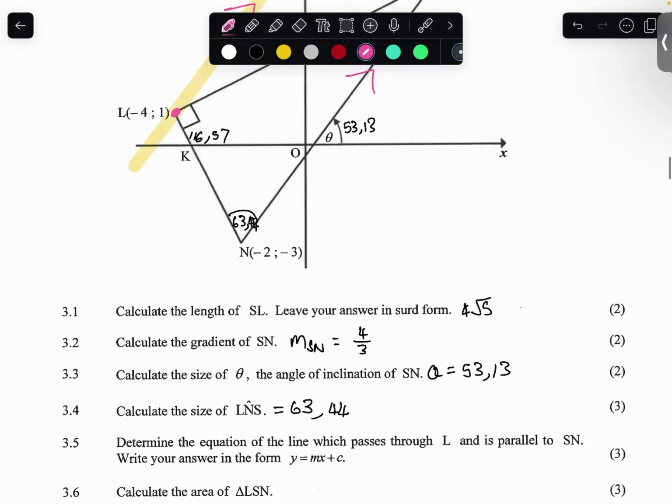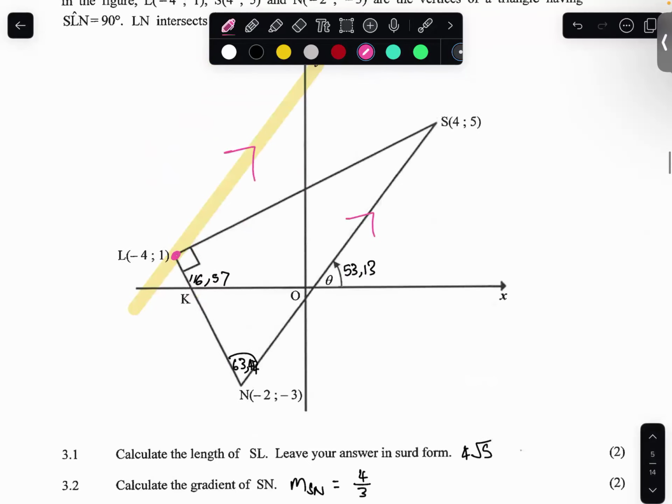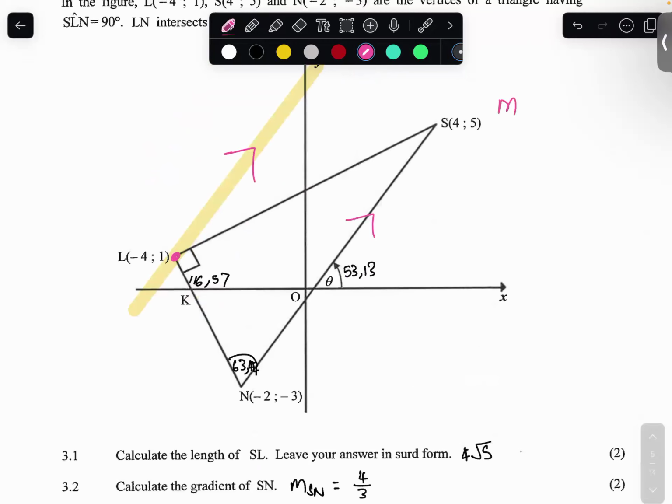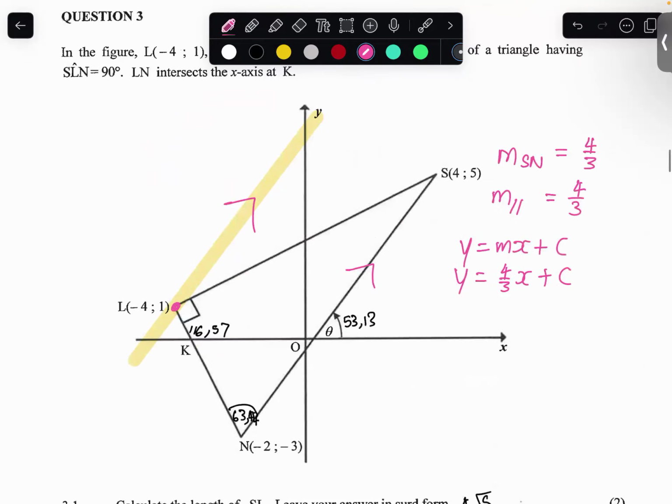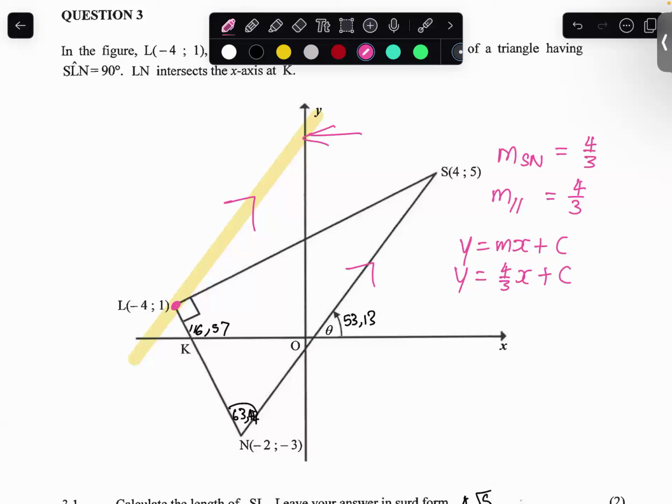So what do we know about parallel lines? They share the same gradient. So the gradient of SN, we calculated it here, it's 4/3. Which means the gradient of its parallel line is also 4/3. Right? Then you're going to go y is equal to mx plus c. You're going to put the gradient in as 4/3 x plus c. And the set of coordinates you are going to use is the set of coordinates that this parallel line passes through.